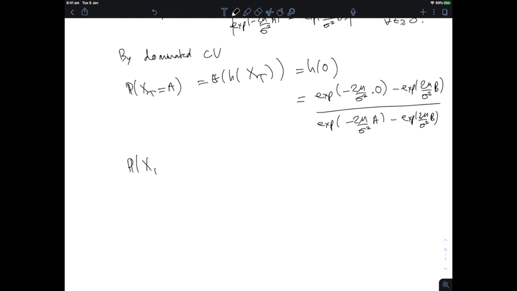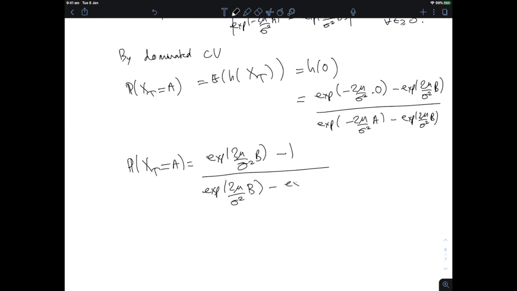The probability that X of tau is a is exponential 2 mu over sigma squared b minus 1, divided by exponential 2 mu over sigma squared b minus exponential minus 2 mu over sigma squared a.